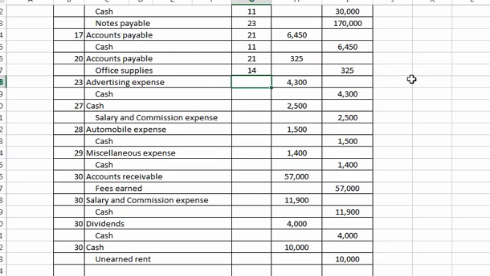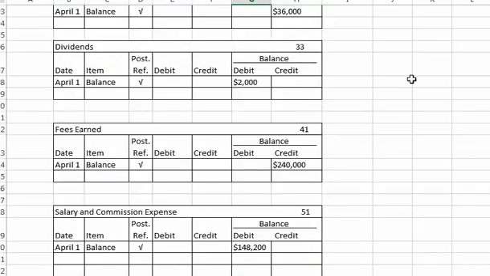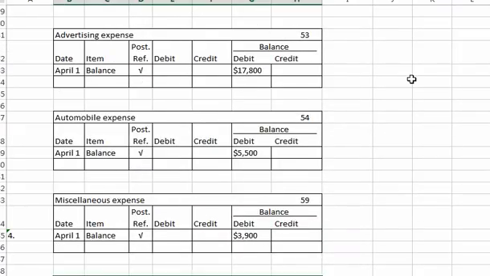Then we have a debit on the 23rd to advertising expense for $4,300. That's a debit on the 23rd from journal page 18 to advertising expense for $4,300. We have a beginning debit balance. We also have a debit entry. So we're going to add those two together.